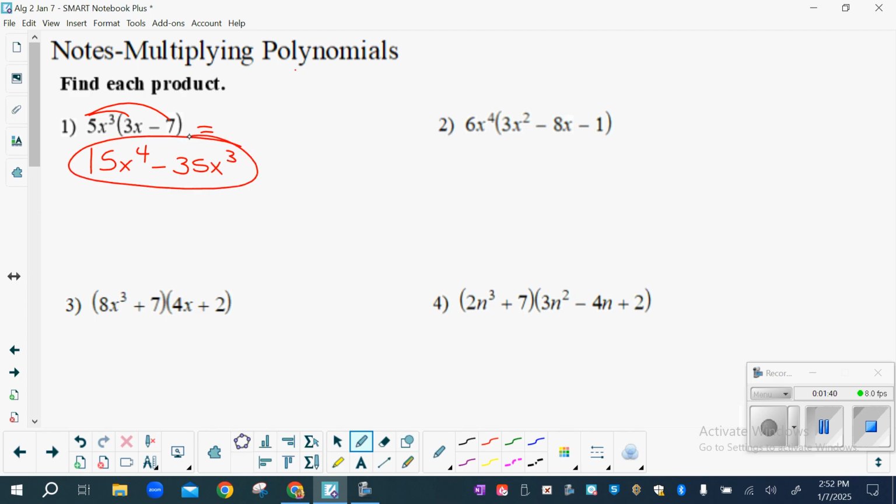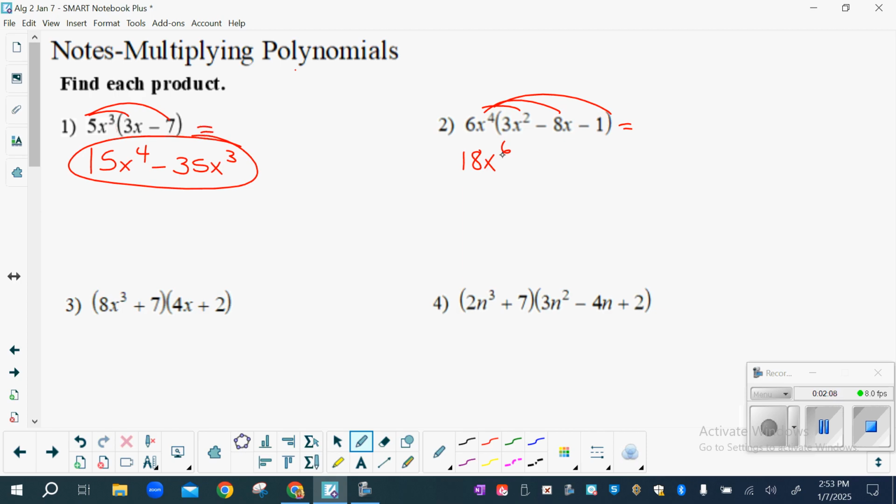Okay, and then the next one, same idea, it's just now we have 3. So we're using the distributive property again. So somebody in that group back there, tell us what the answer would be on this one. Good, so that. Good.